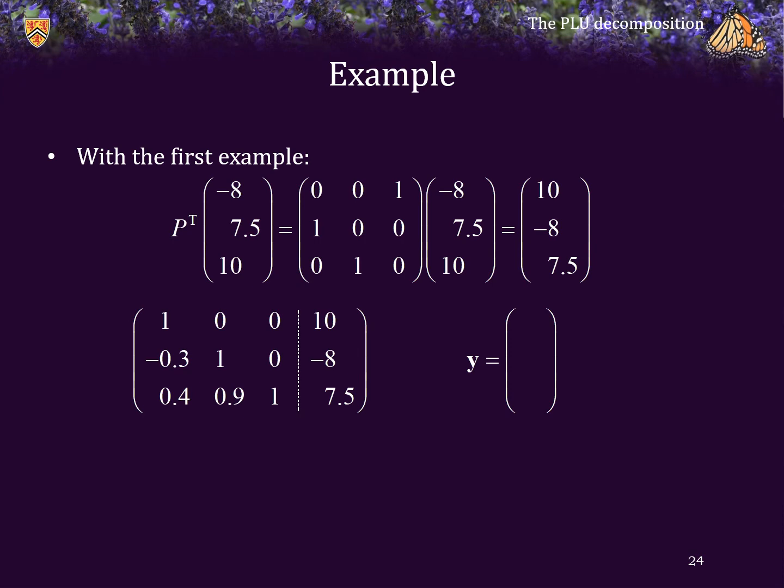So now we substitute that into the lower triangular matrix, and that being the target vector, we can use forward substitution here. And looking at this, we observe that y1 must be 10, y2 must be -5, and y3, if we subtract off 4 and then add 5 times 0.9, we get 8.